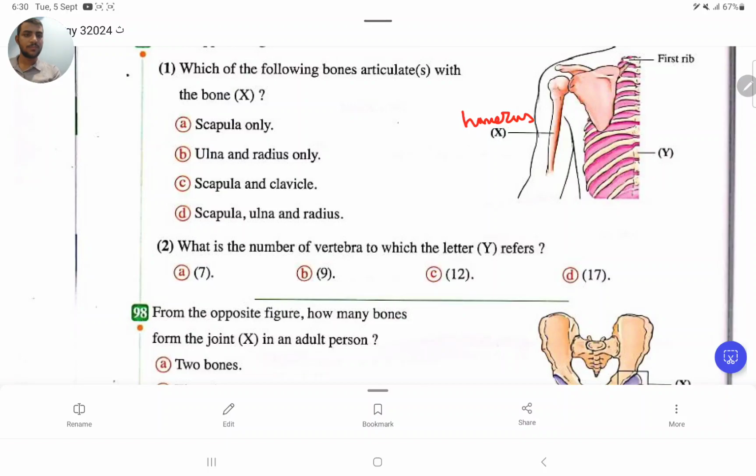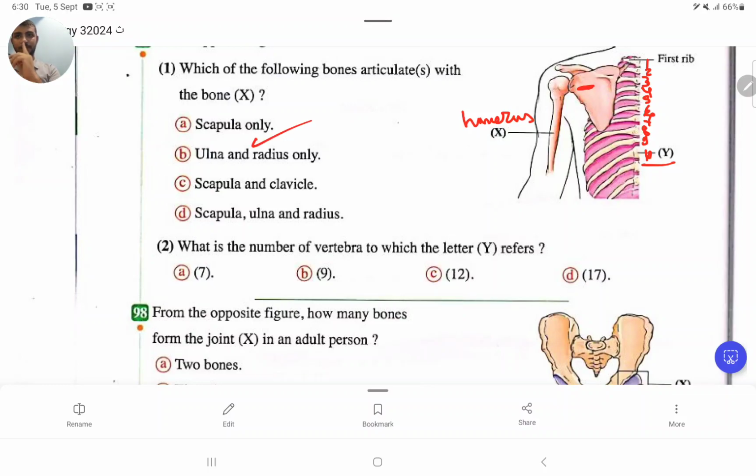It is attached to the ribs, the first rib, and this is the first vertebra: 1, 2, 3, 4, 5, 6, 7, 8, 9, 10. I need to analyze the graph and then answer. Attached with bone X, scapula only.